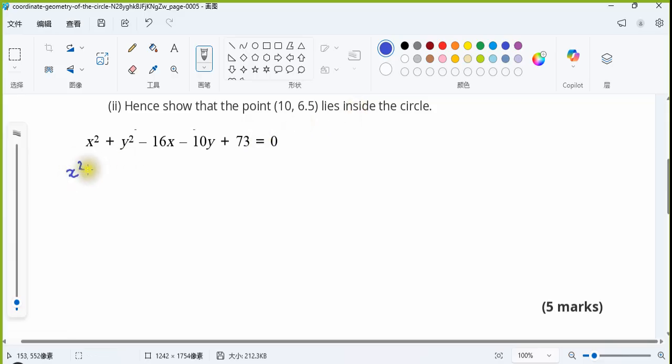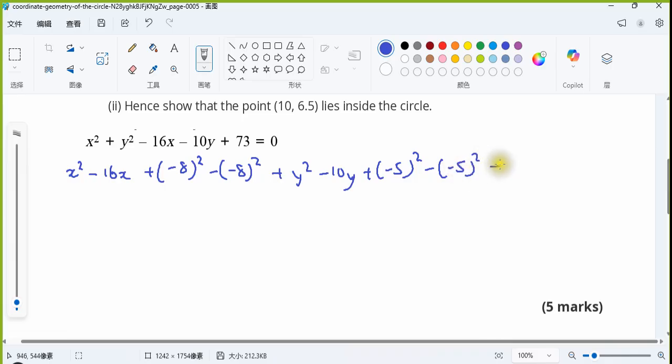So we have x squared minus 16x plus negative 8 squared minus the negative 8 squared, plus y squared minus 10y plus negative 5 squared minus the negative 5 squared, plus 73 equals 0.